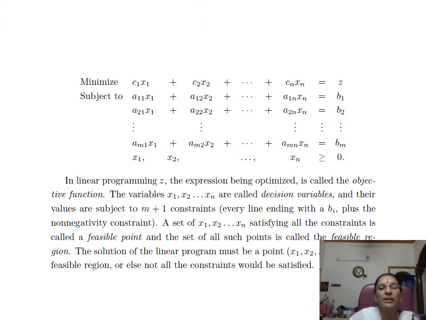For example, any grocery person wants the minimum cost and the maximum profit. How to use minimum cost to gain the maximum profit, so in this place they use maximization problems.